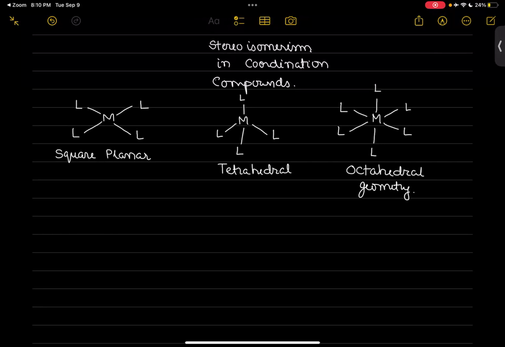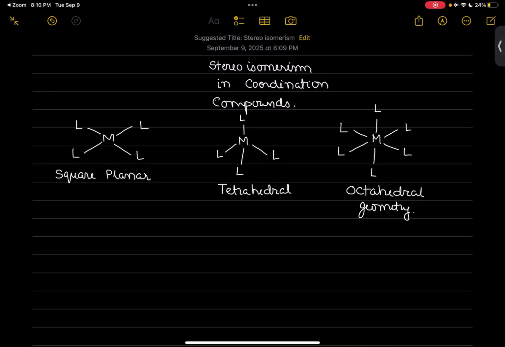And there are two types we need to consider: geometrical isomers and optical isomers. Is it clear or not?